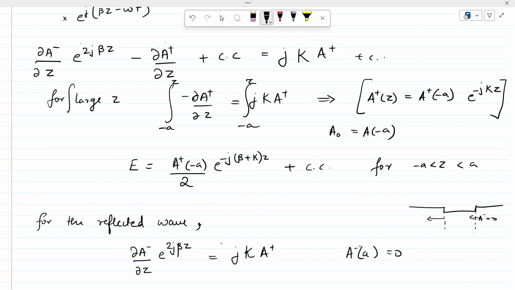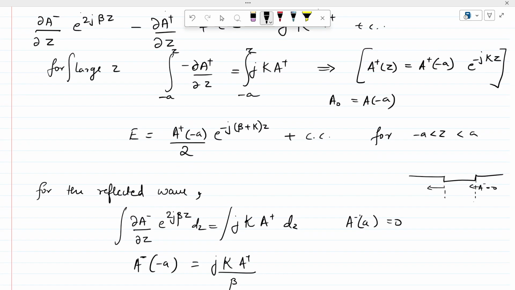By noting that and integrating from minus a to plus a on both sides, I'll get A minus of minus a is equal to j kappa a plus by beta sine of 2 beta a.